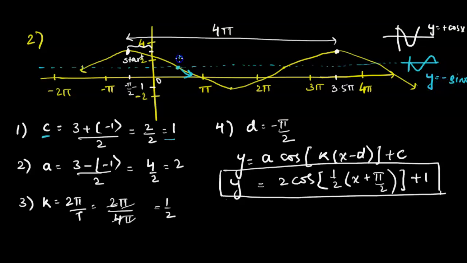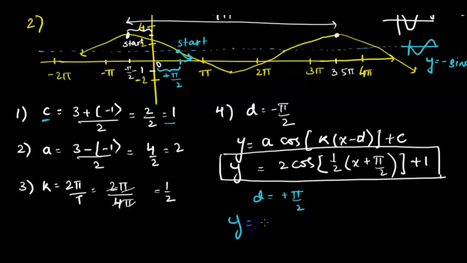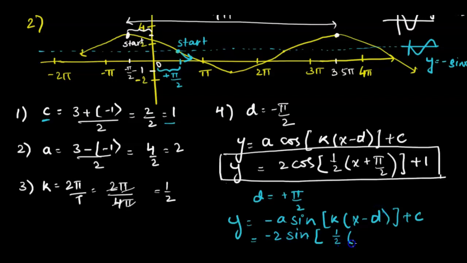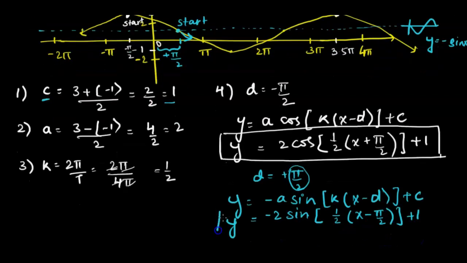So if this is the start point, phase shift is going to be positive pi by 2. So if d is positive pi by 2, the equation is going to be y equal to minus a sine kx minus d plus c. A value is 2, so it's negative 2. Sine k is half. X minus d is, because d is pi by 2, so it becomes x minus pi by 2, plus 1. And this is how we represent this graph using sine function.